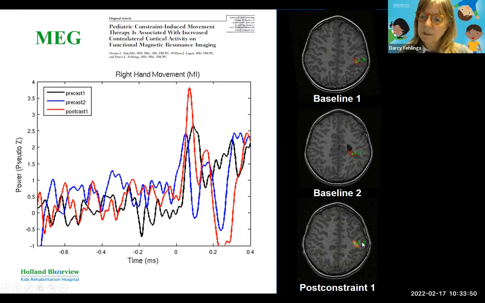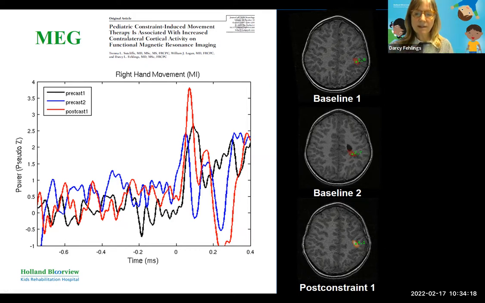After constraint therapy, we had an increase in signal in the contralateral area. So that was complementary to the functional MRI work that we completed. But then if we look at the time breakdown, the blue and the black are the two baselines, and the red is the signal after constraint therapy.